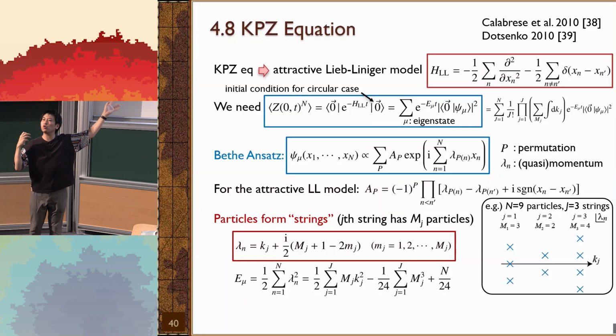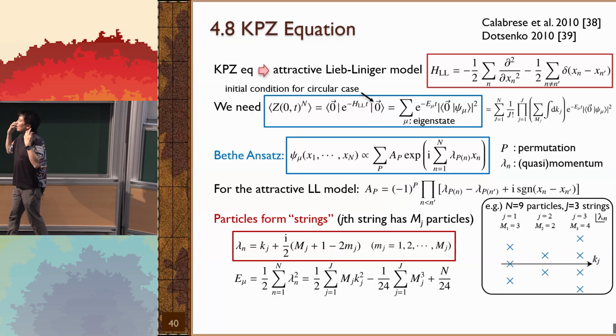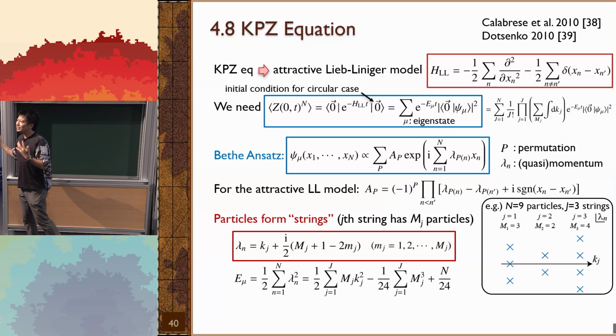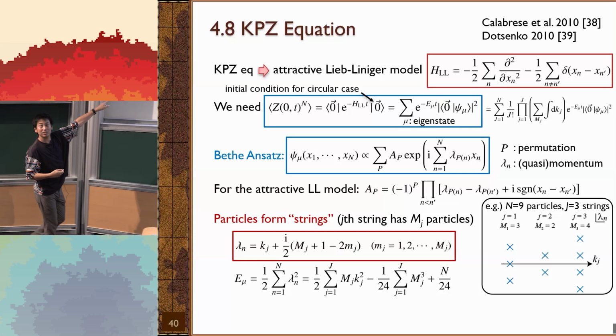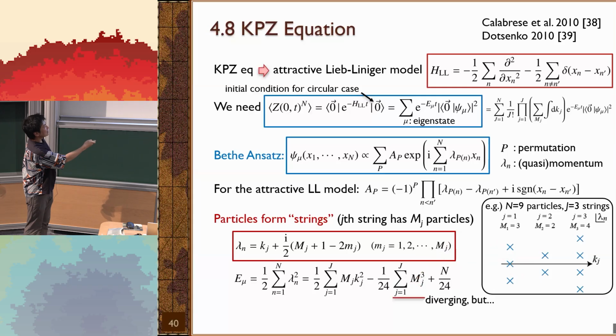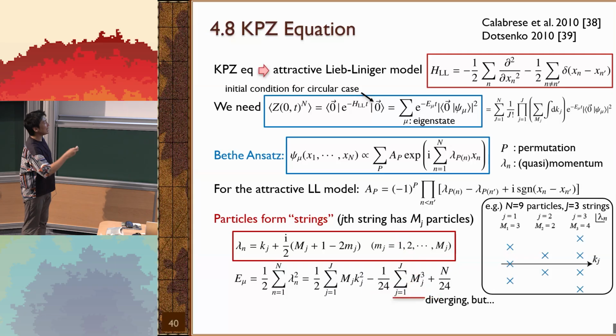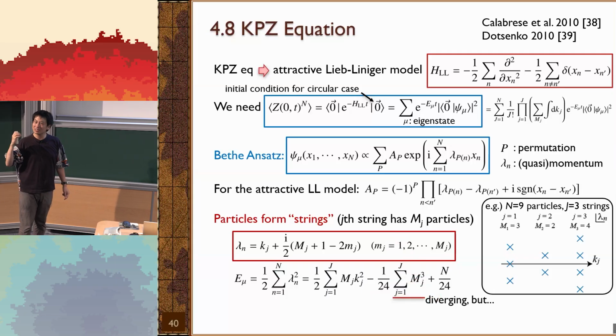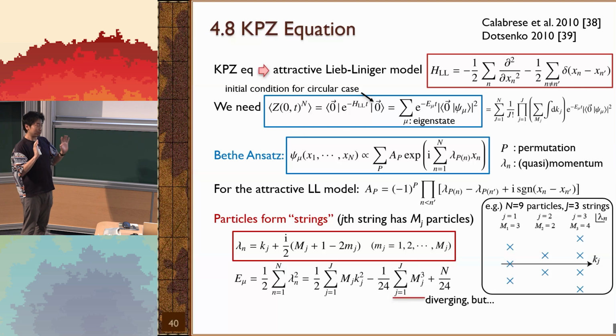So if this model is a thermodynamically sound system, we expect extensivity of this energy. However, on the right-hand side, we have something like m cubed. m is the number of particles in a given string. So actually, this energy grows like n cubed, so it is not extensive. So it is a very strange model from the thermodynamic viewpoint.